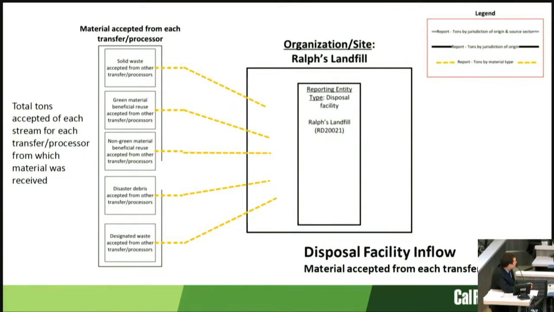If you accept a material as beneficial reuse and then it turns out that you applied it actually as solid waste, you would need to back out the tons that you accepted from beneficial reuse and then reapply that to the solid waste as an inflow. In other words, back it out and bring it back in as what you actually did with it.